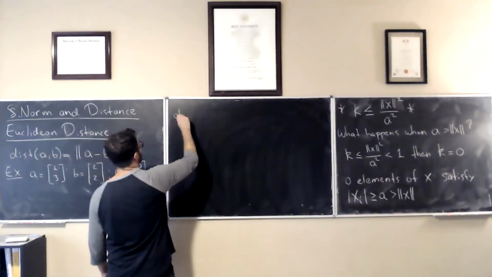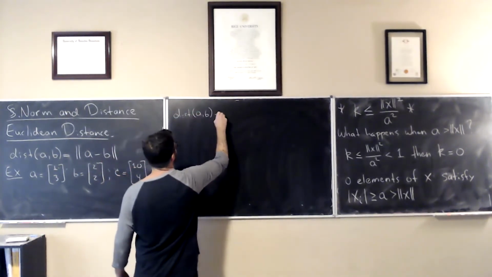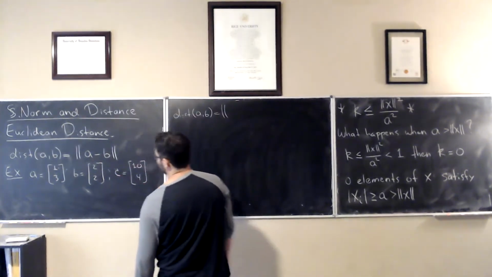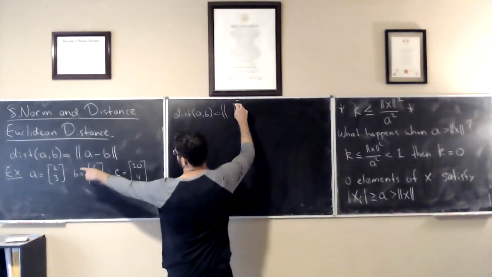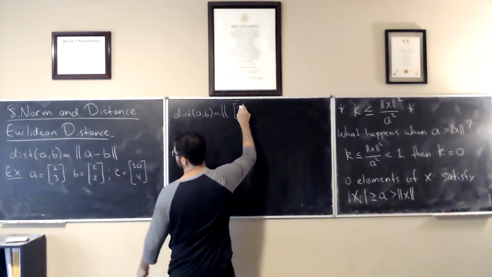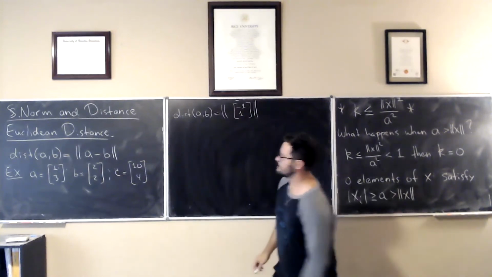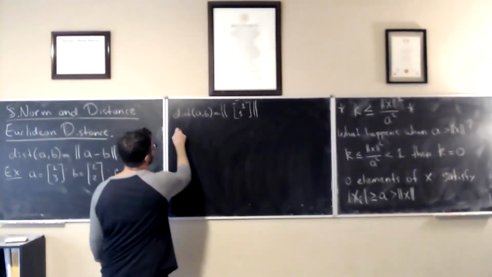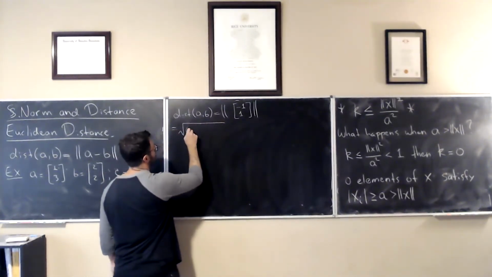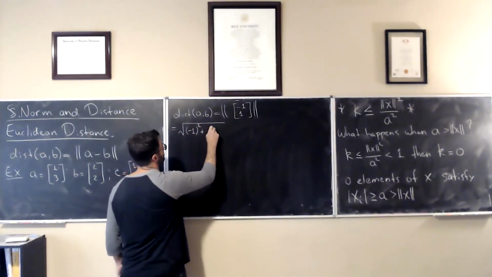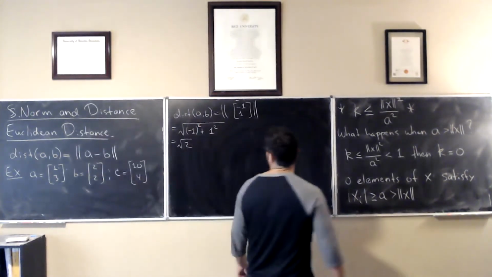So the distance between A and B in this case is equal to the norm of A minus B, so 1 minus 2, minus 1, 3 minus 2, 1. What is it equal to? The square root of 1 squared plus 1 squared, root 2. So that's the distance between A and B.